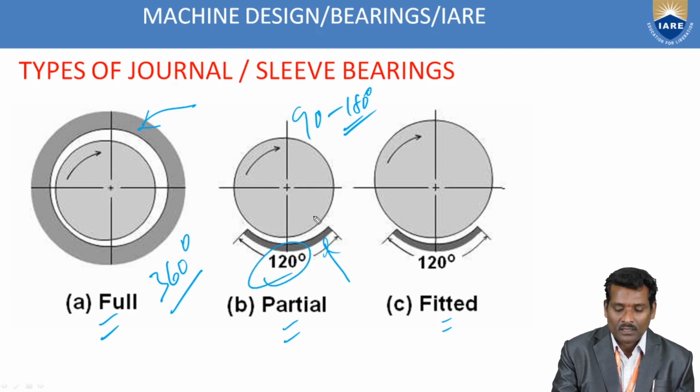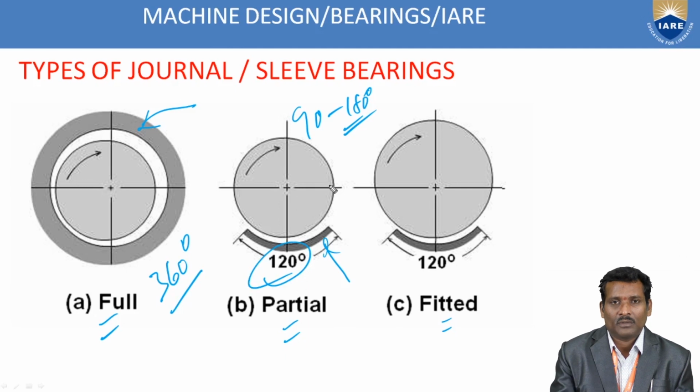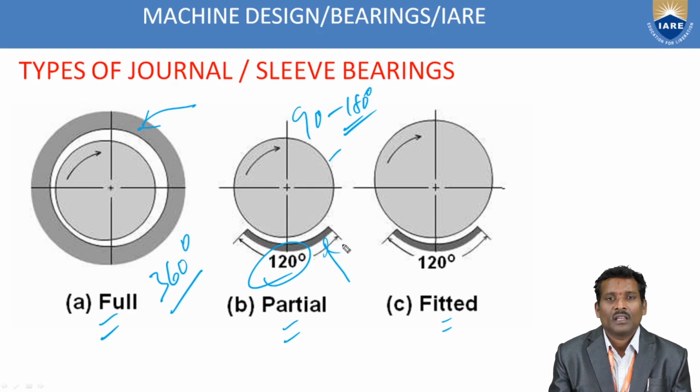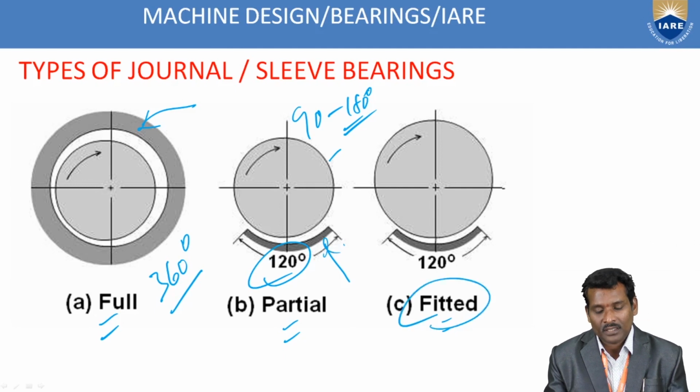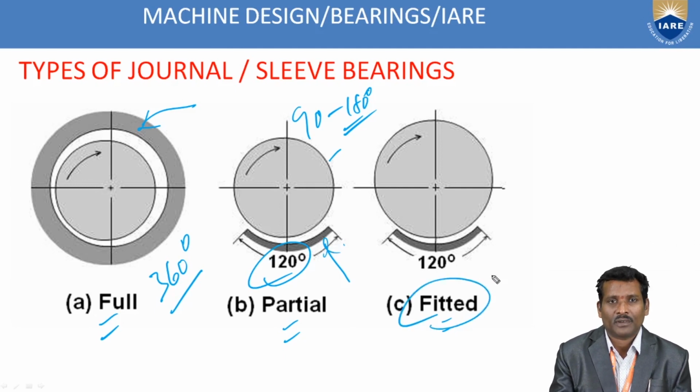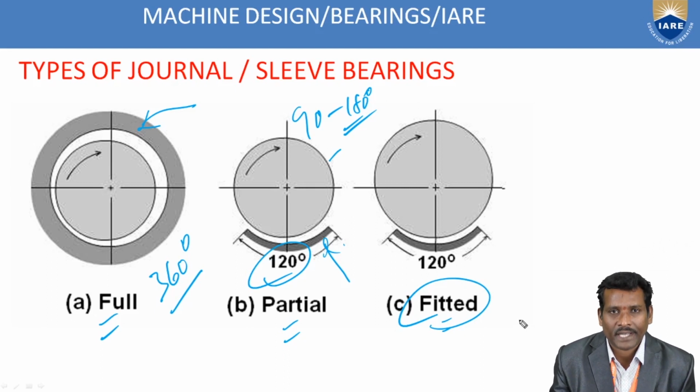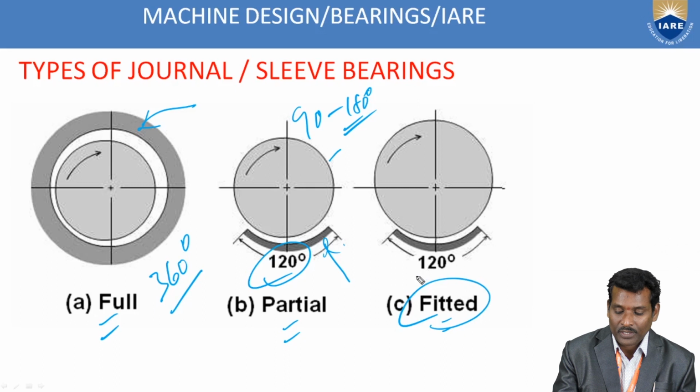I will tell you one thing. The journal diameter is less than the bearing diameter, or equal to the bearing diameter. In the fitted journal, the angle of contact with the bearing housing is also 120 degrees.